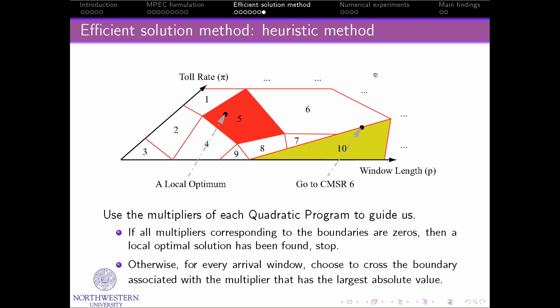So in the method, we use the multipliers of each quadratic program to guide us to find the next CMSR to search.